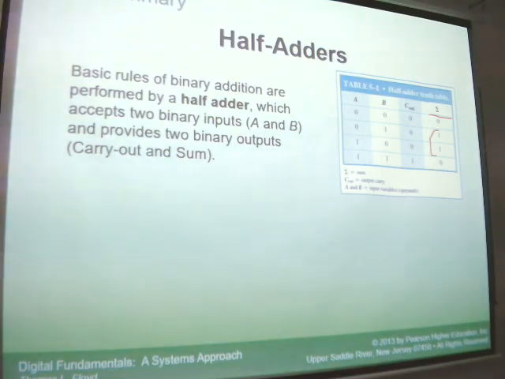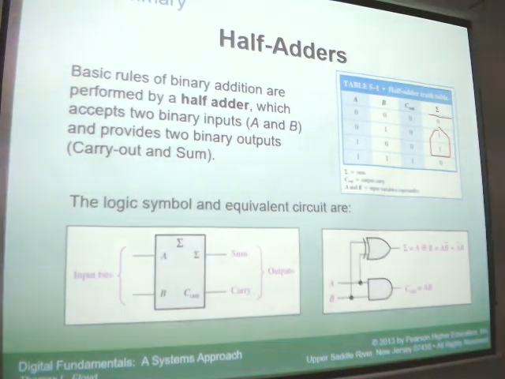From this truth table, we know that for sigma, the output is equal to 1 when A and B are not equal, so it is an XOR gate.